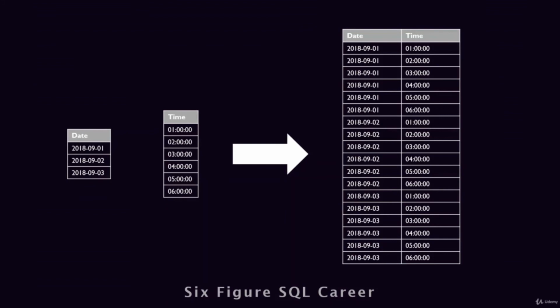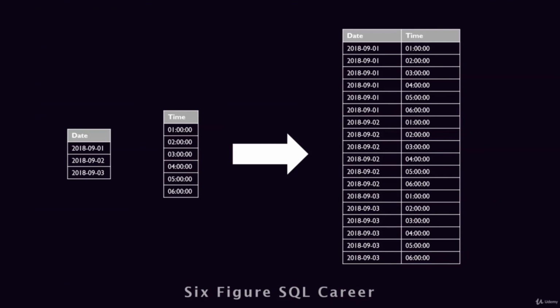So here's an example of a cross join. I have one table which has a list of dates: September 1st, September 2nd, and September 3rd. And then in my second table, I have a list of times: 1 a.m., 2 a.m., 3 a.m., 4 a.m., 5 a.m., and 6 a.m. When I perform a cross join on both tables, you can see for September 1st, I have a row for every time.